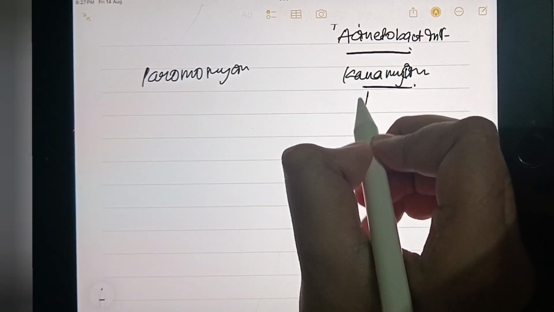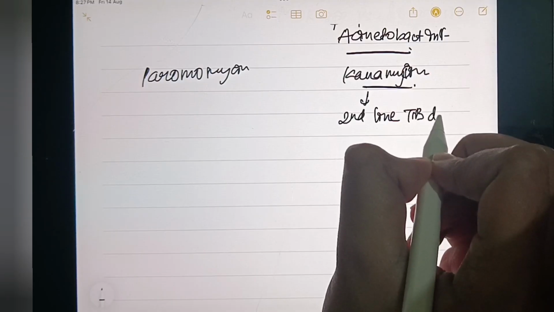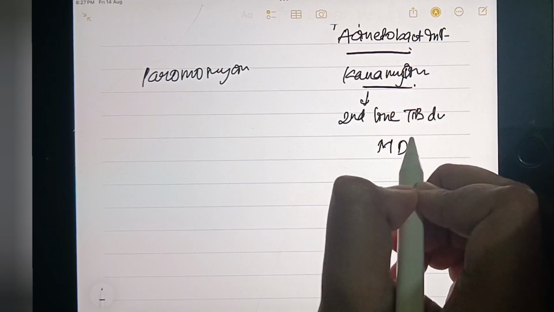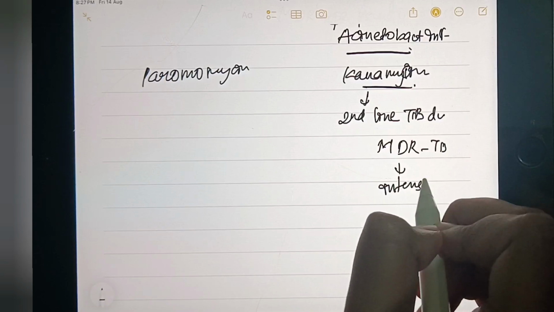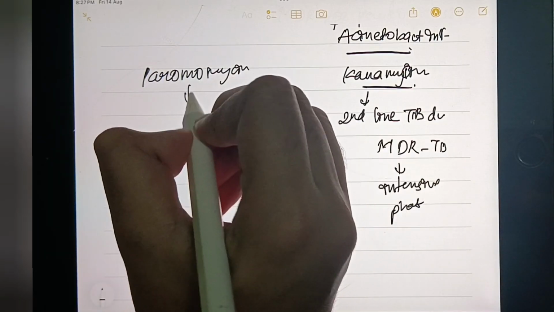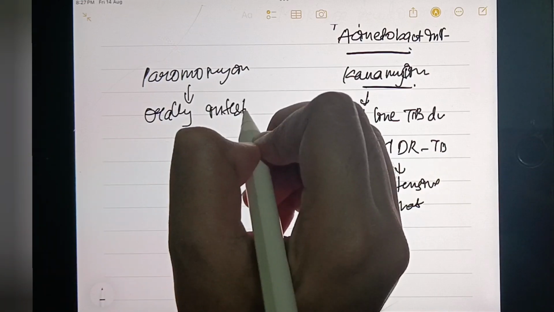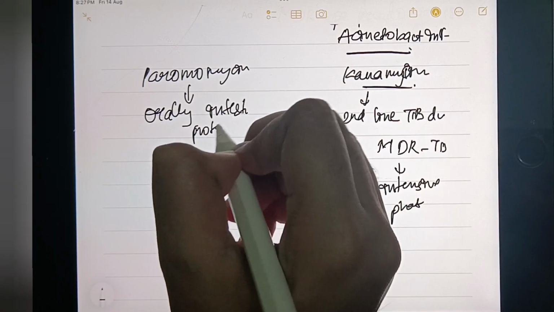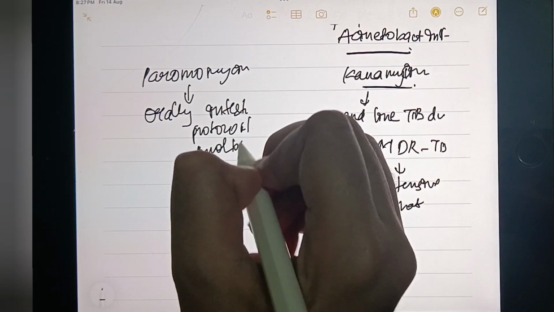kanamycin. It is occasionally used as a second line TB drug in multi-drug resistant TB in the intensive phase. And paromomycin is given orally for intestinal protozoal infections like amoebiasis.